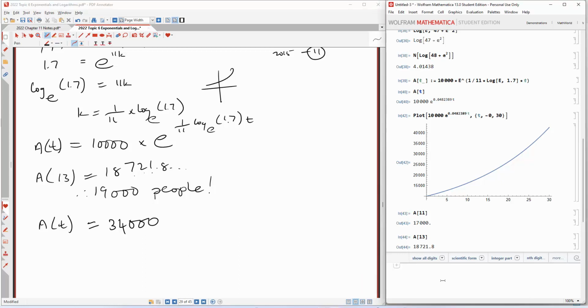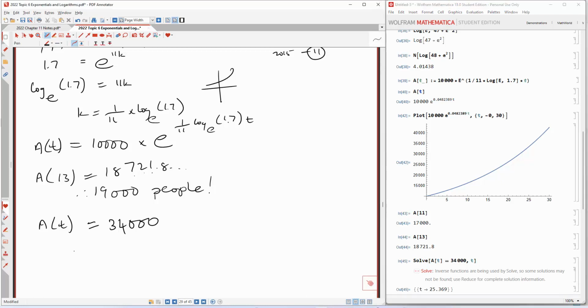We'll solve A of t equals 34,000 for t. I wonder whether it's going to give me complex. It's not. So t equals 25.369 and so on.